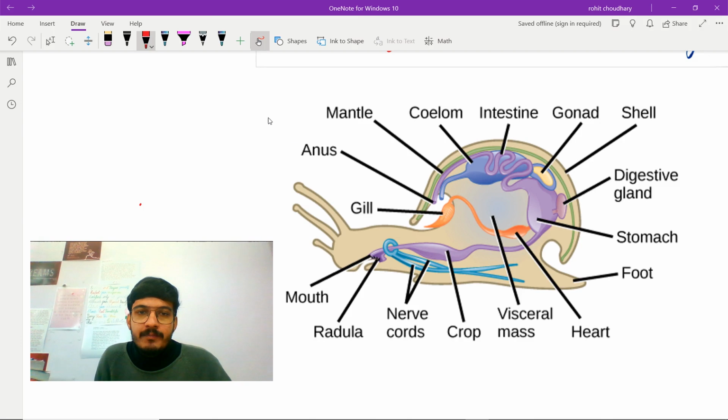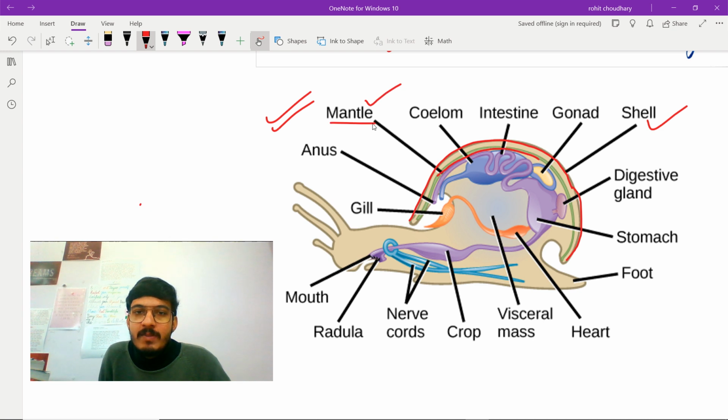Let's have a look at the diagrammatic view of the body of mollusks. This is the outermost protective covering, which is calcareous, made up of calcium carbonate, and it is named the shell. Inner to the shell is the mantle.